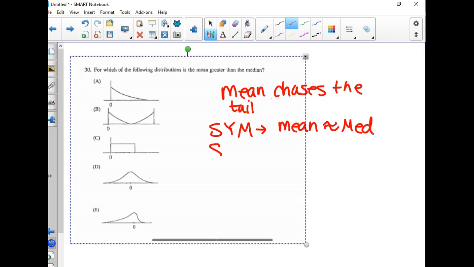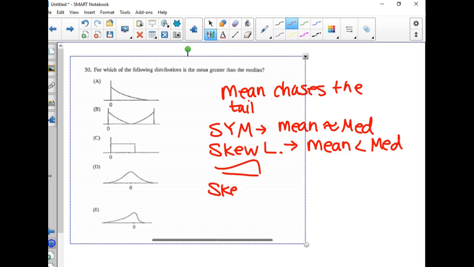Okay, with a skewed left, that's going to look like this, right? The mean is going to be less than the median. With it skewed right, the mean is greater than the median.